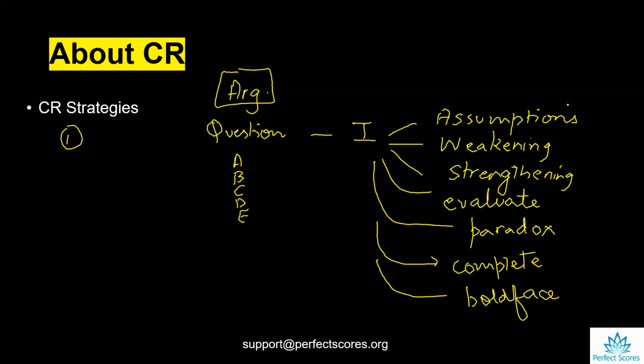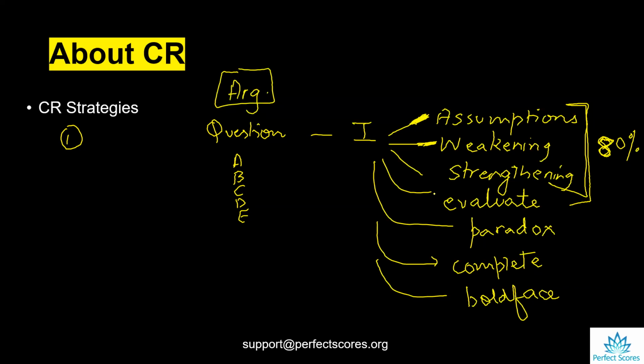But out of these, assumptions, weakening, and strengthening, these three form about 50%, not 50%, I would say 80% of all CR questions. And within them, weakening and assumptions are the most important. I remember going through the recording of the quantitative section class that happened yesterday, and one of the questions that the student asked was, is there a question type that we can focus less on?